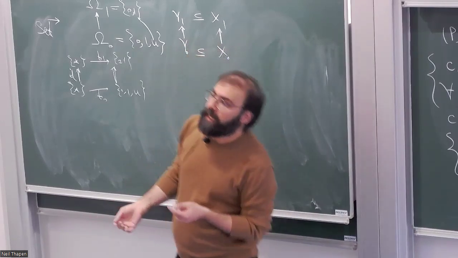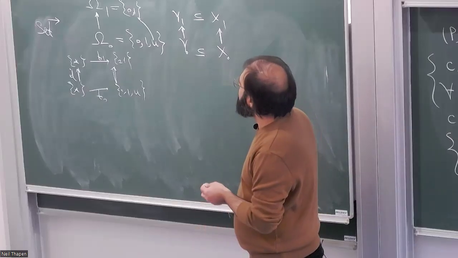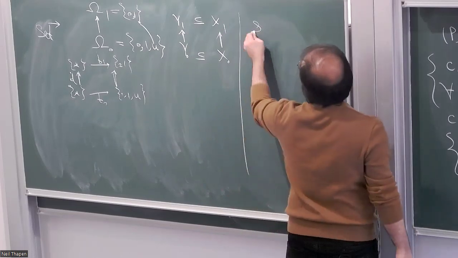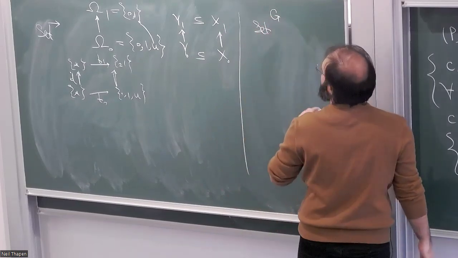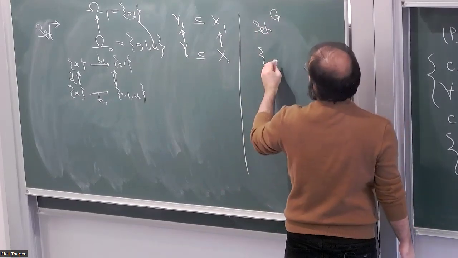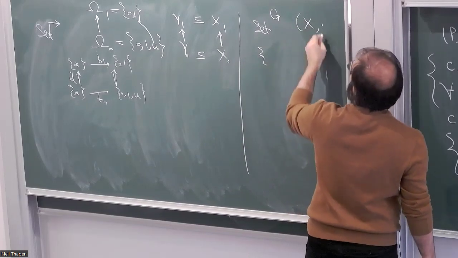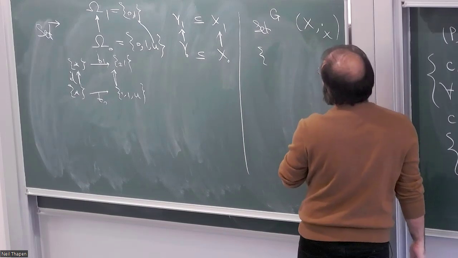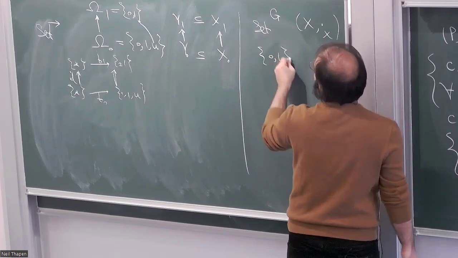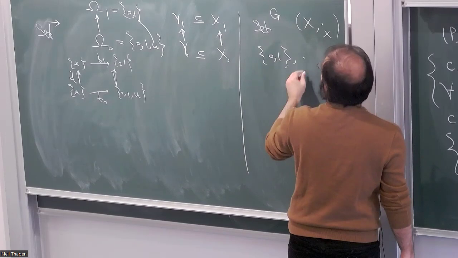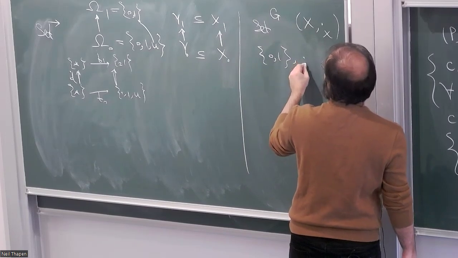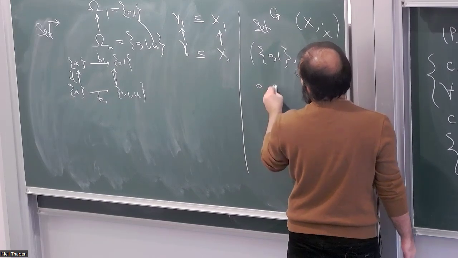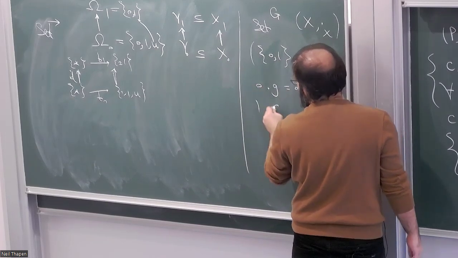Okay, so then this is my omega here. Maybe it's also good to see the omega here. So the omega here is just easier. It should be one set, one action. So the set is 0, 1, and the action is trivial. The action is like 0 action G is 0, 1 action G is 1.